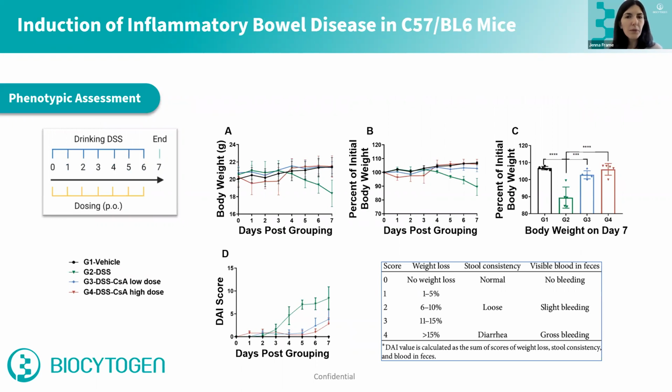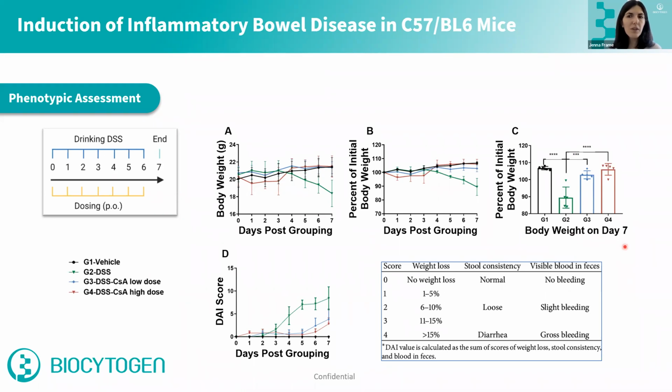So as the first proof of concept study, we first assessed the efficacy of cyclosporin A at mitigating the effects of DSS-induced disease in these mice, and this is in wild-type mice. As you can see from the upper graphs, mice treated with DSS alone, shown in green, had significant weight loss compared to the control mice.